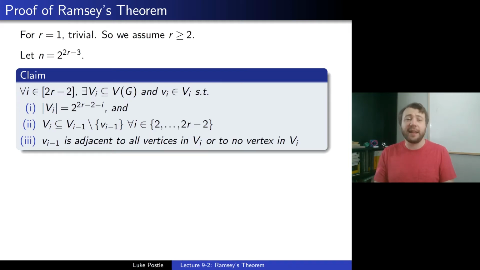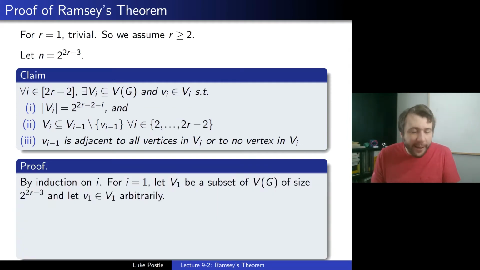So this is the claim that we can repeatedly extract these Vi's, little vi's and big Vi's, with the property that their sizes are decreasing by half, and that you get this all or nothing property.